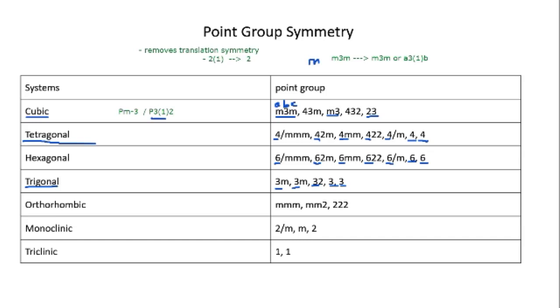So the P3-1 2 1 would be a trigonal space group. The P m -3, since 3 is not listed first, is going to be a cubic space group. And that's how you can tell the difference between trigonal and cubic. Trigonal means that the 3-fold rotation, whether it be a screw axis, rotation, or roto-inversion, is listed first.